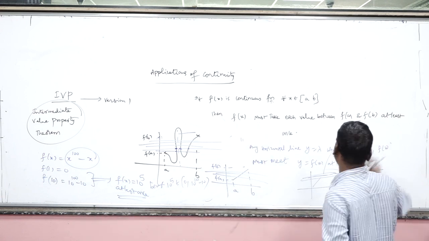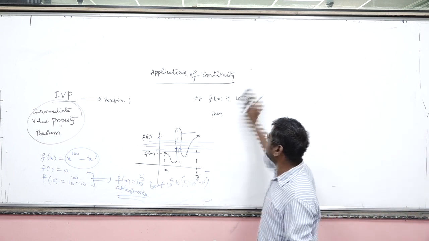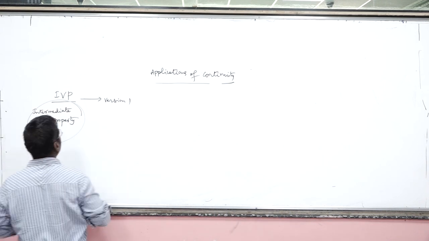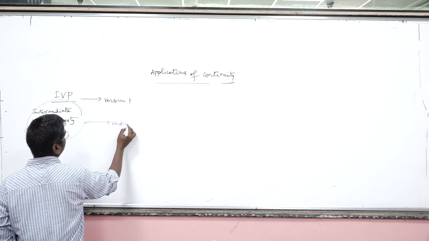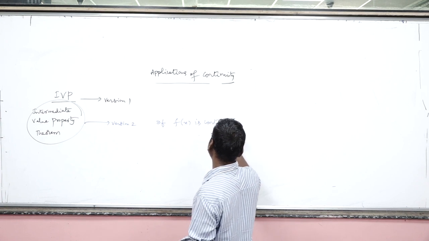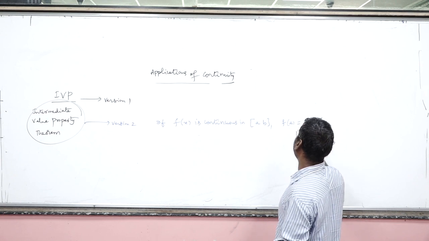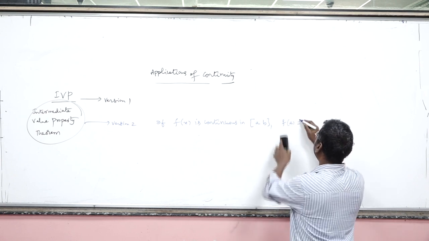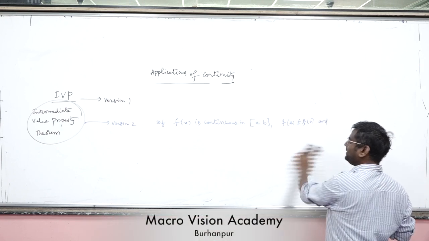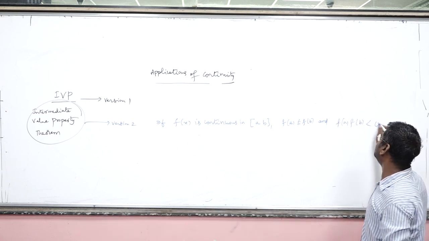A stronger version of this theorem is what we use for root identification, that is version 2. The version 2 says that if f of x is continuous in closed A to B such that Fa not equal to Fb, and we'll move to Fa equal to Fb later, and f of a, f of b less than 0.